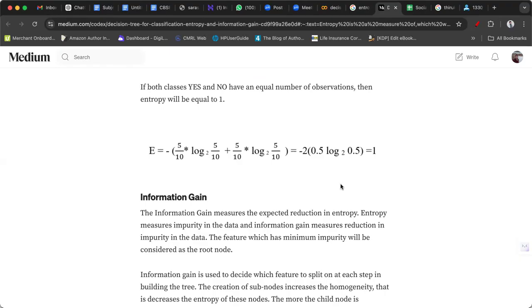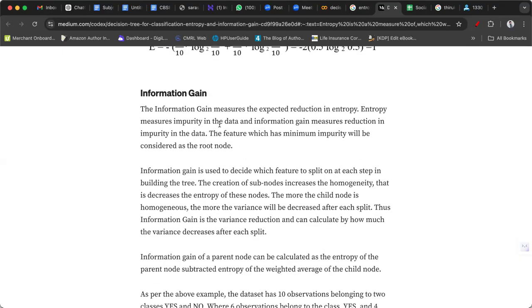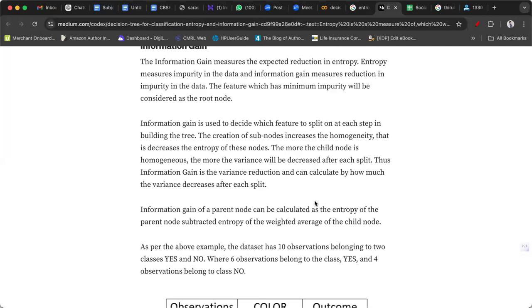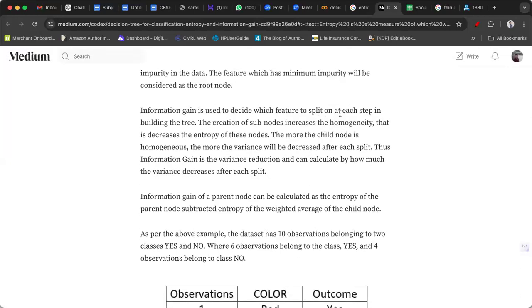We are trying to reduce the error rate and increase the accuracy. Based on this, the feature which has minimum impurity will be considered as the root node. Information gain is used to decide which feature to split on at each step in building the tree.